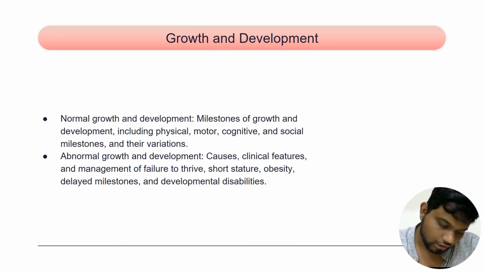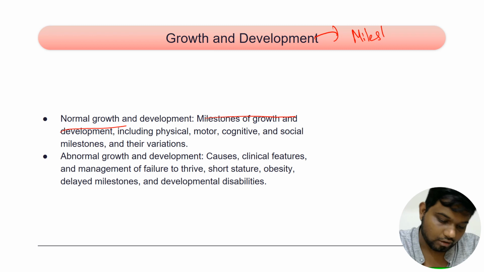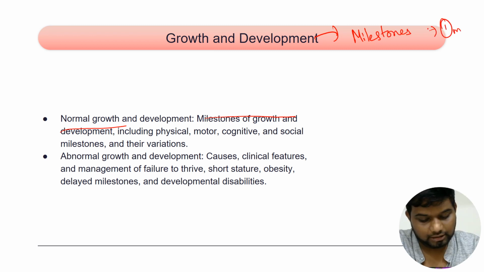Okay. Now speaking about the growth and development, the normal growth and development, four aspects of your milestone. Milestone is one of the areas of interest for people because in the milestones you may secure one mark, one complete mark.